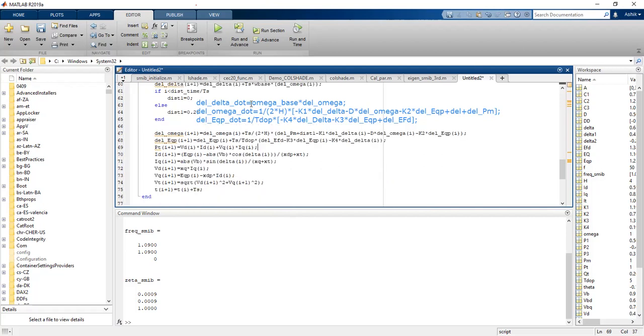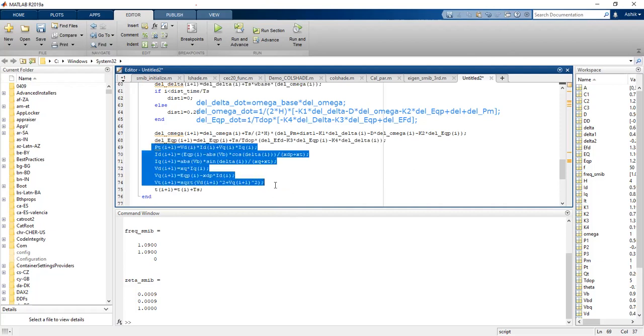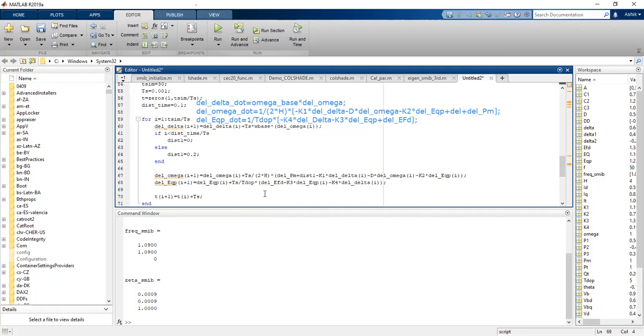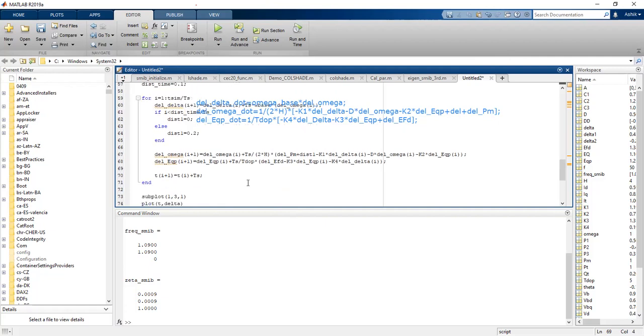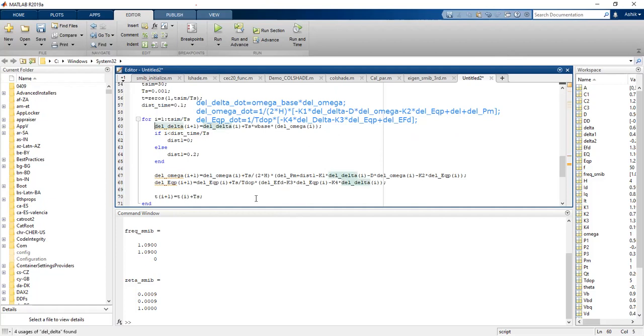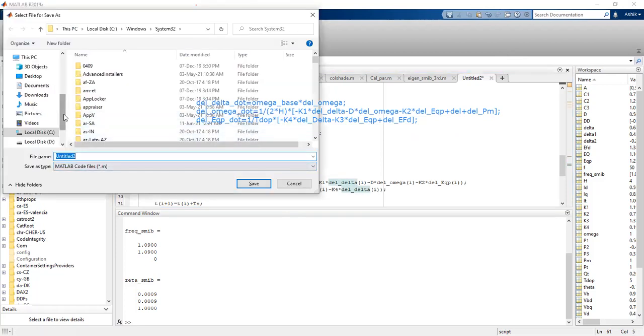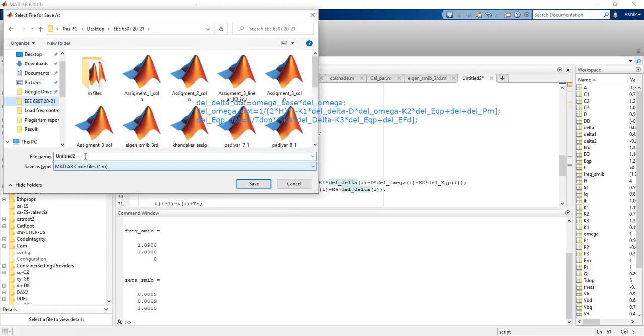And of course, we don't need any of these because those were the algebraic variables. But in the linearized model, we don't have any algebraic variables left within the model, so we can get rid of those. So simply we have to type these 3 state equations along with any disturbance that we are going to apply. So let's name it as linear SMIB third.